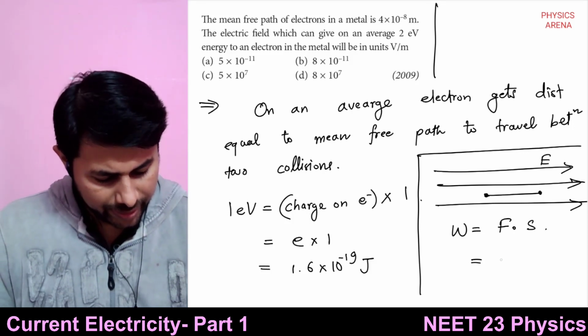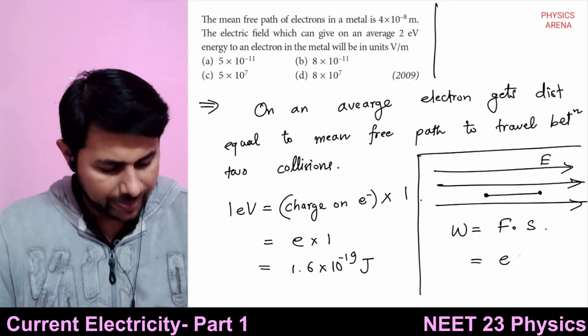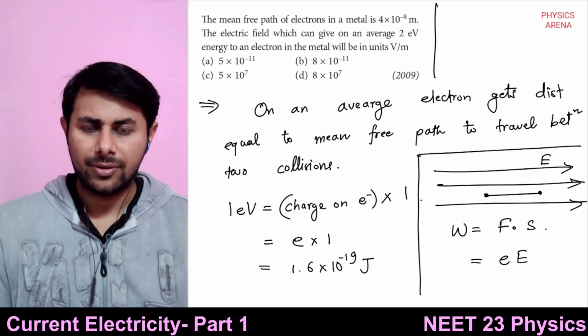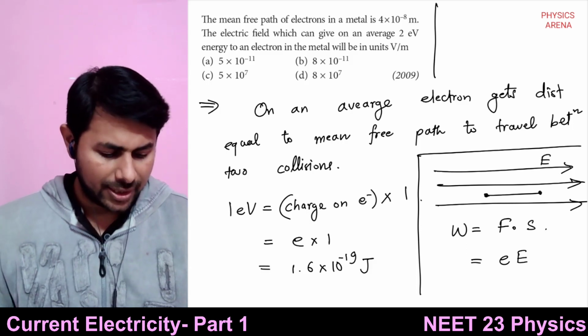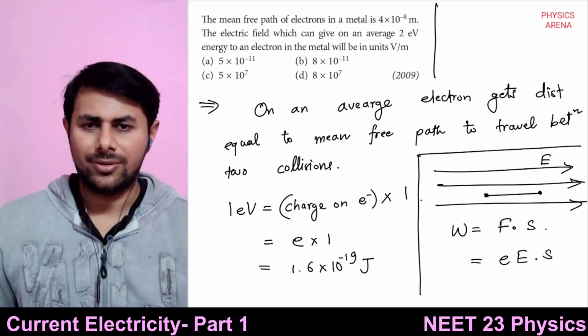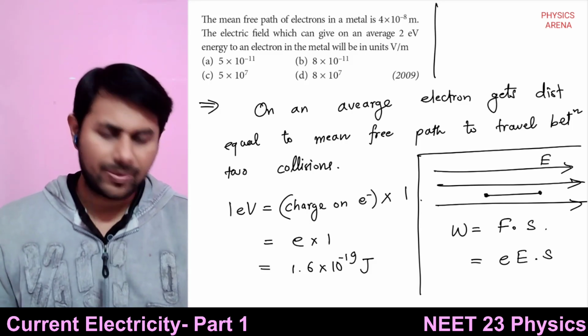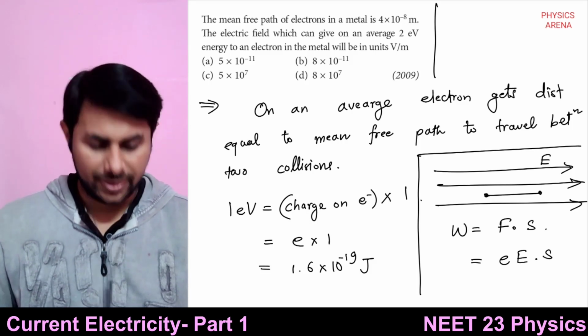Force is equal to what? It is e multiplied by E. Charge on electron multiplied by electric field. So work done is equal to charge on electron multiplied by electric field multiplied by S, the displacement.